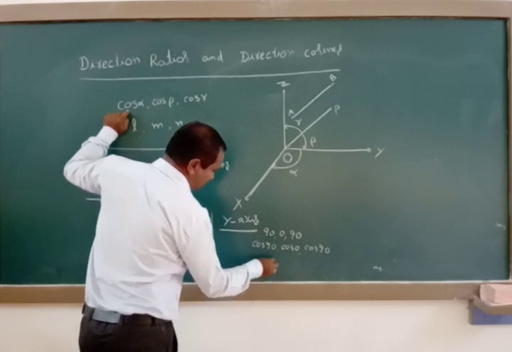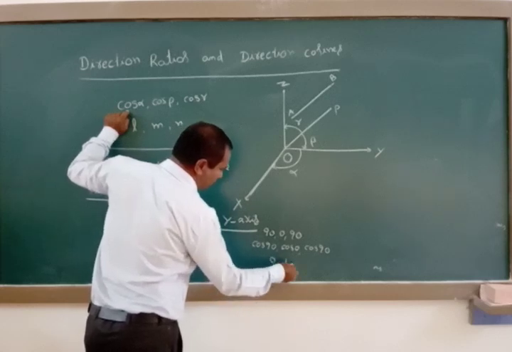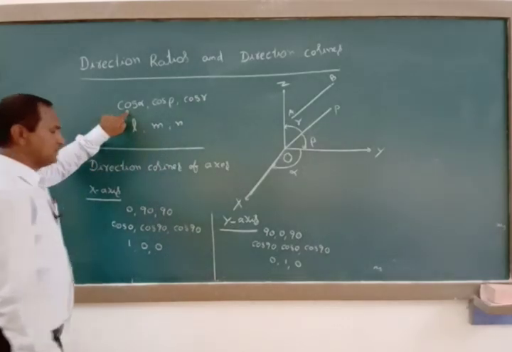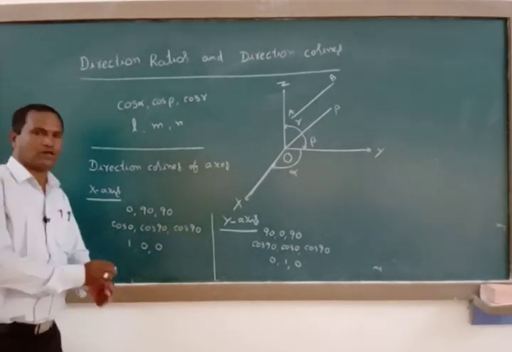Cos 90 is 0, cos 0 is 1, cos 90 is 0. Therefore the direction cosines of the y-axis are 0, 1, 0.